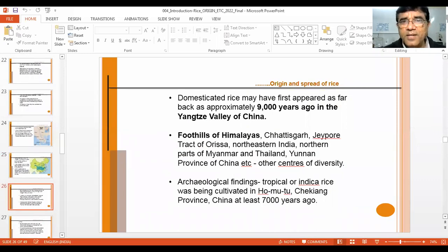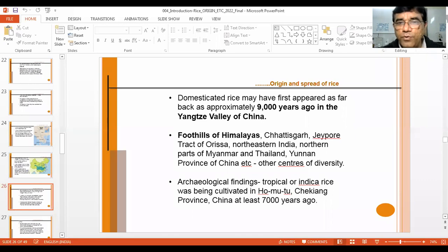Domesticated rice may have first appeared as far back as 9,000 years ago in the Yangtze Valley of China. People have found some evidence to say it.